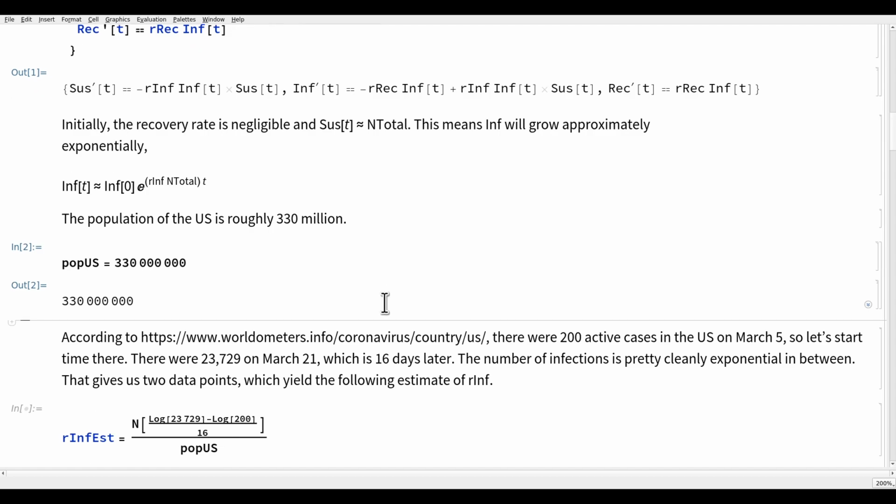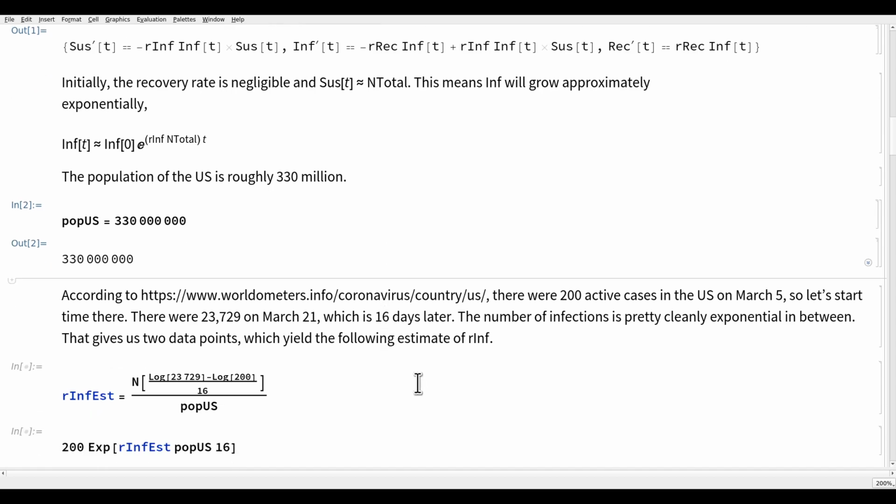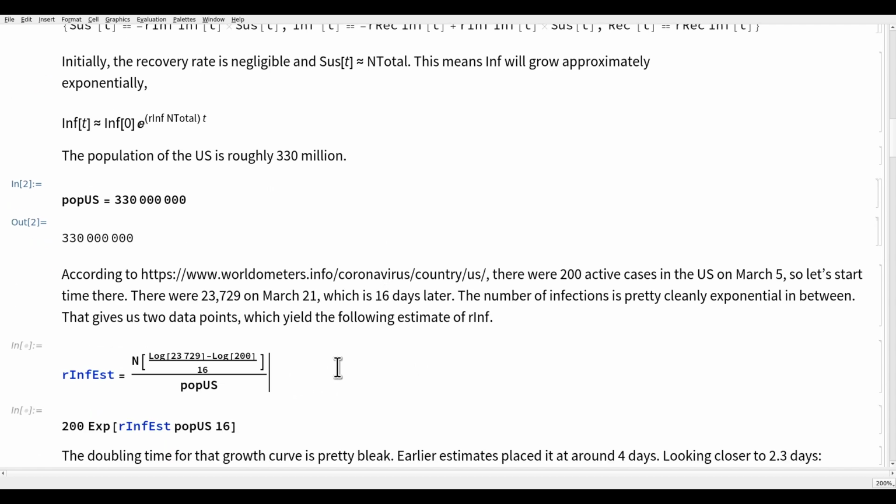Now, what I've done here is to put in an estimate for rInf. The way you get this is to set up exponential growth like what you see up here, and to plug in that on March 5th, which is day 0, there should be 200 infected people.